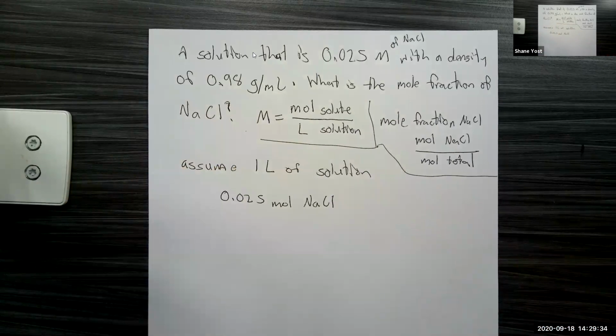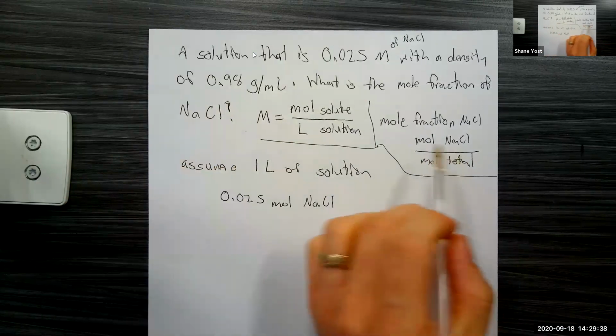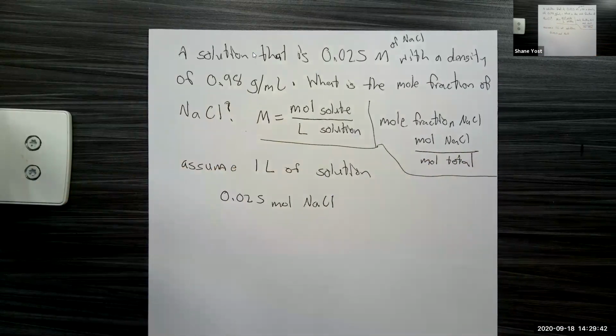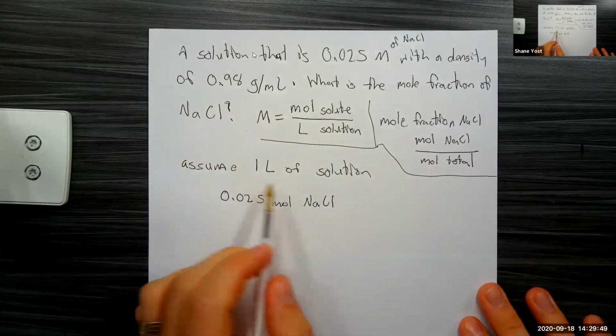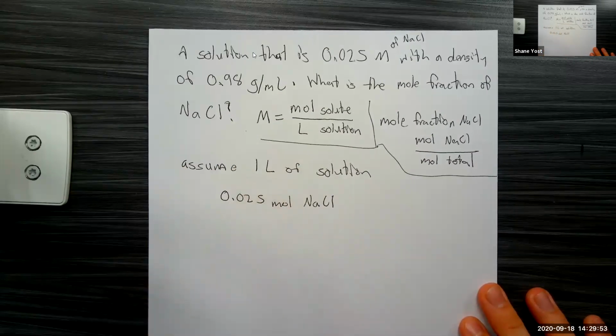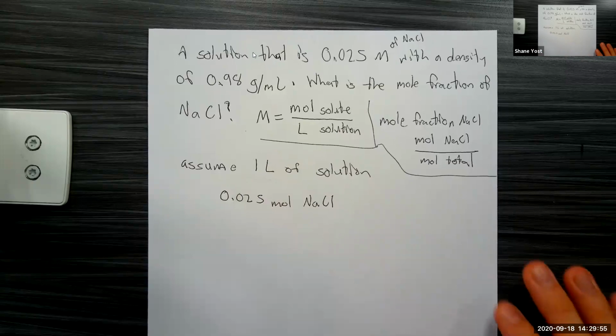I have the moles of sodium chloride, so that's great. I already got the numerator in my mole fraction. I just have to figure out what the denominator is, and to get that, I need the moles of my water. So somehow I have to get the moles of my water from the volume of the solution.